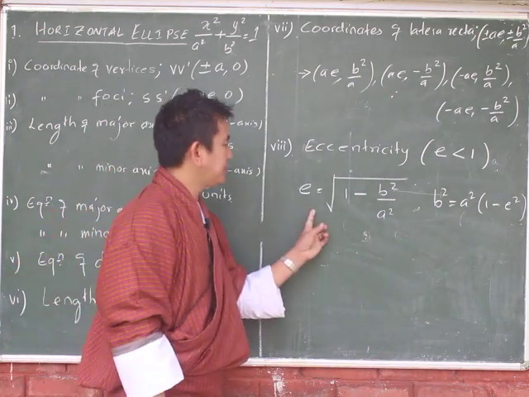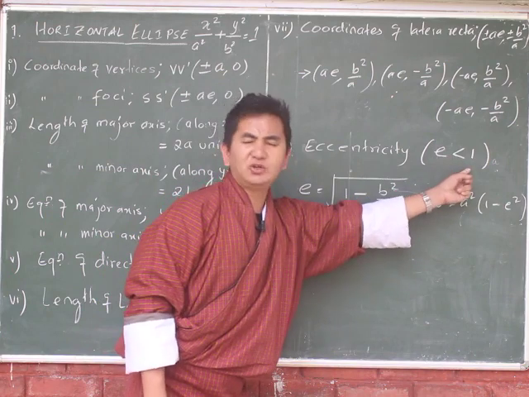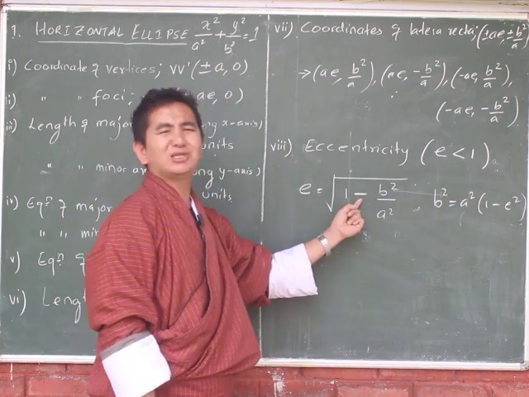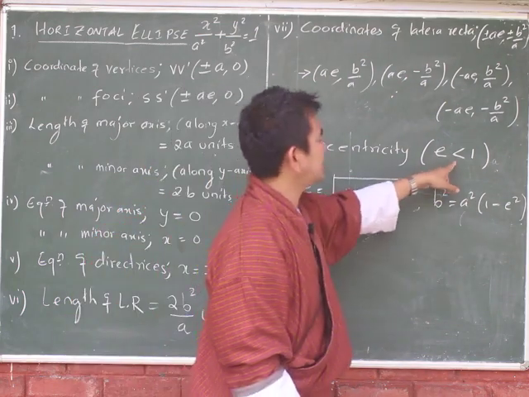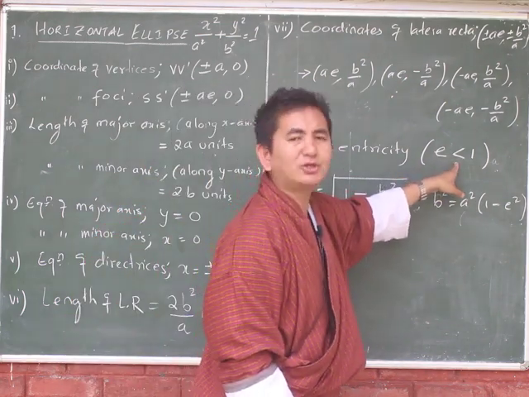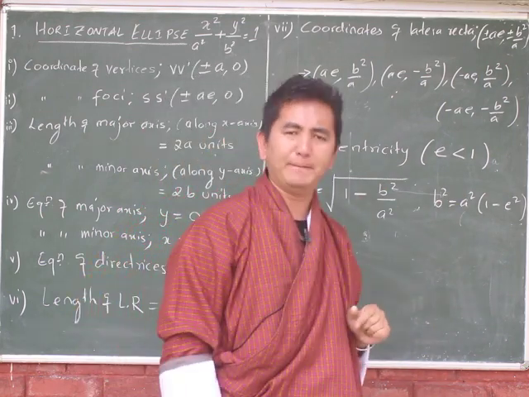Now for ellipse, you need the eccentricity value less than 1. In order to have eccentricity value less than 1, you need to subtract. But in case of hyperbola, eccentricity value should be greater than 1. In order to have greater than 1, here it becomes plus. It is easy to remember.